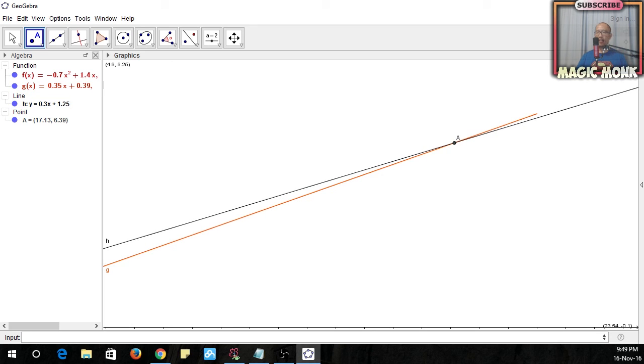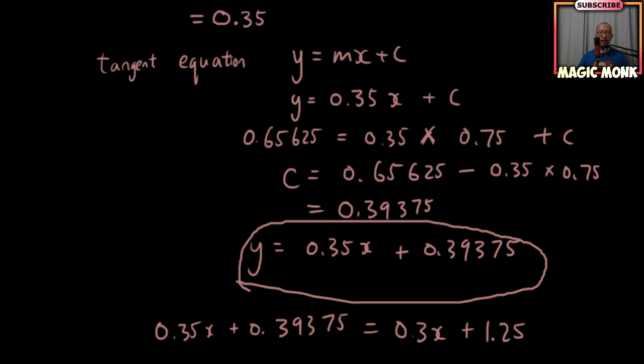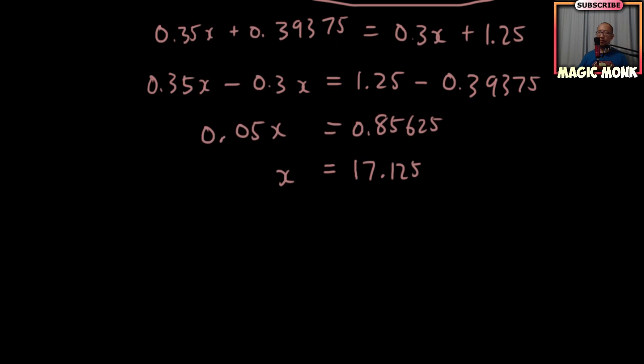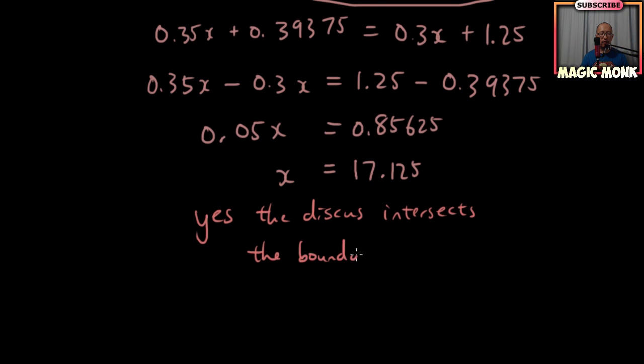So yes, they do intersect. The answer is yes, the discus intersects the boundary before x equals 20.